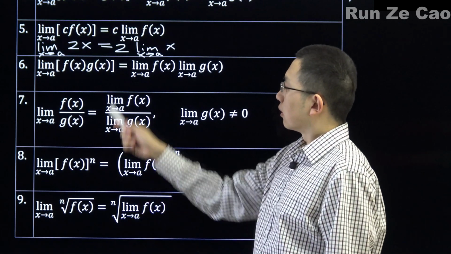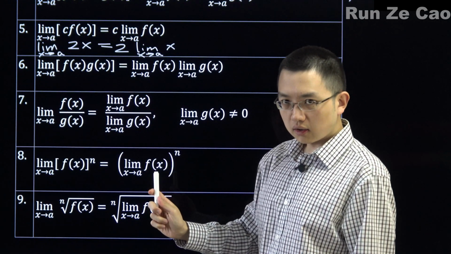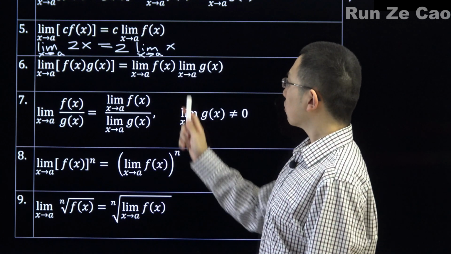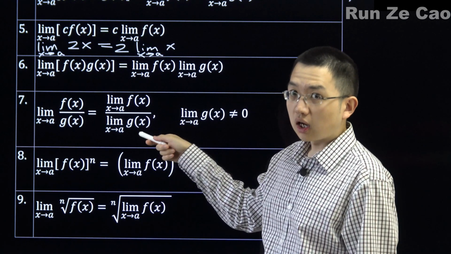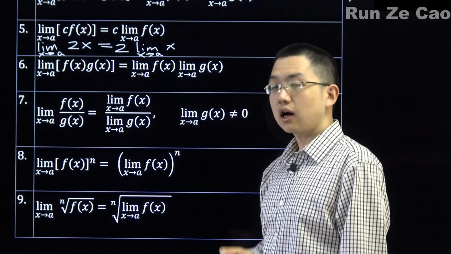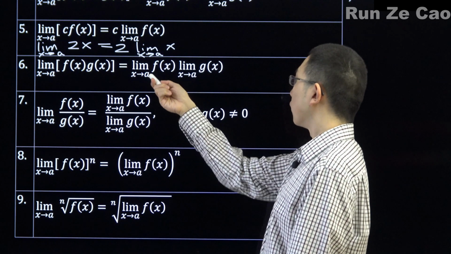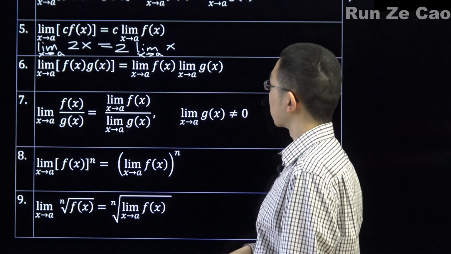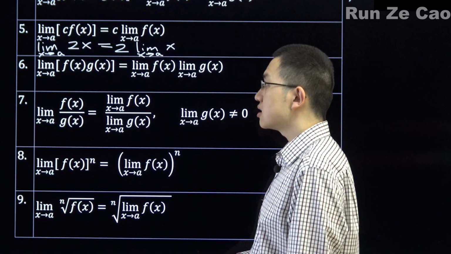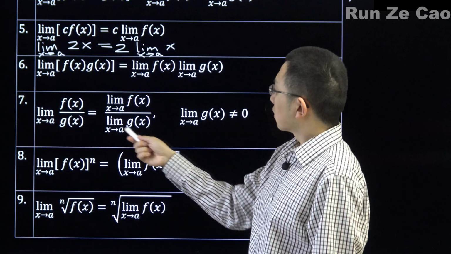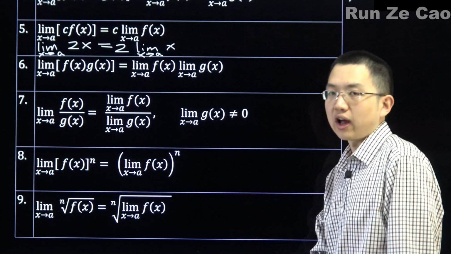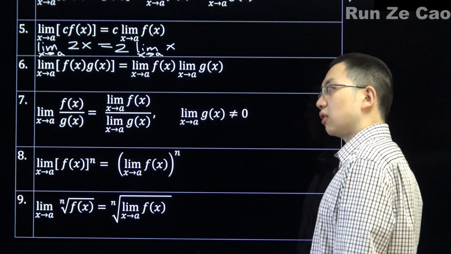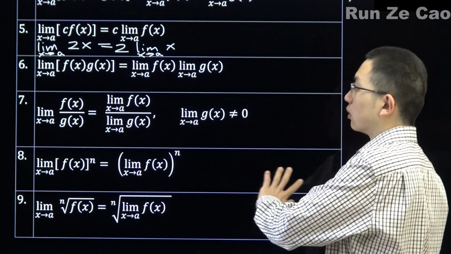So the limit of the products or the quotients is equal to the product or quotient of the limits. But there are restrictions, of course. First of all, both of these limits must actually exist. Second, you can't divide by 0. Dividing by 0 gives you undefined, so there would be no limit.